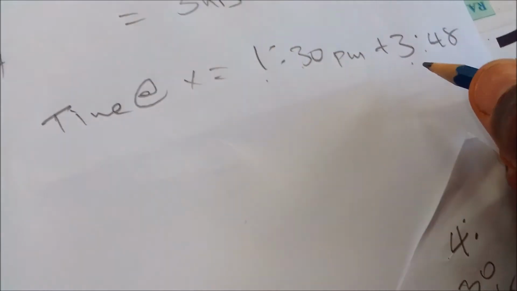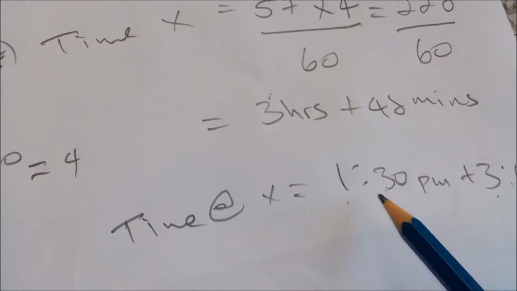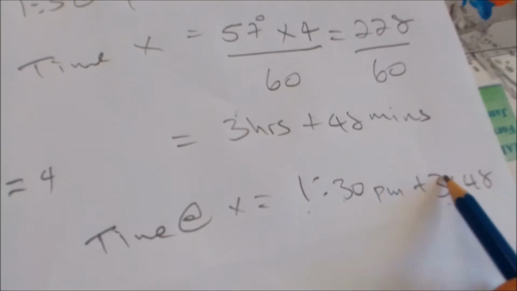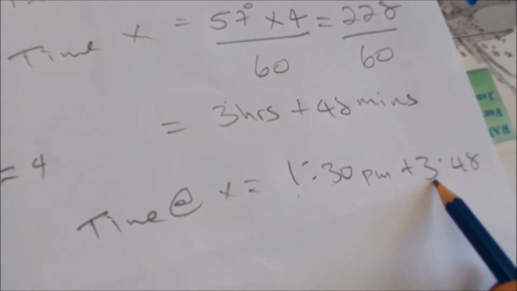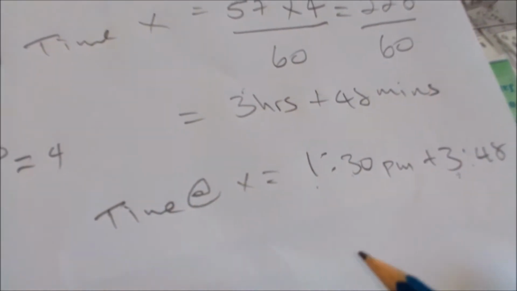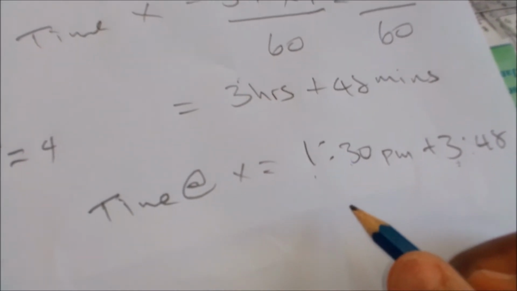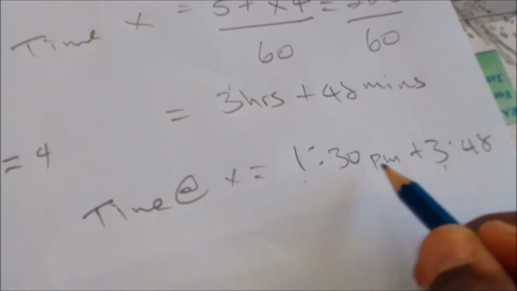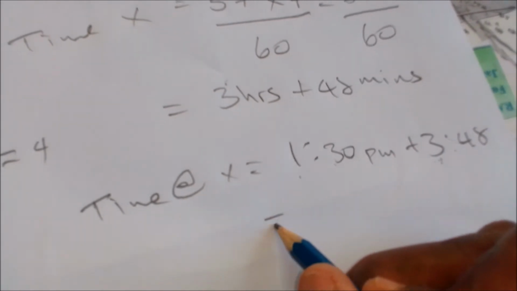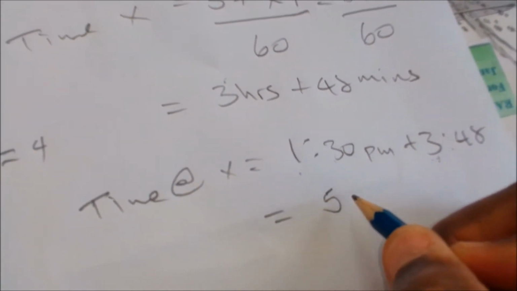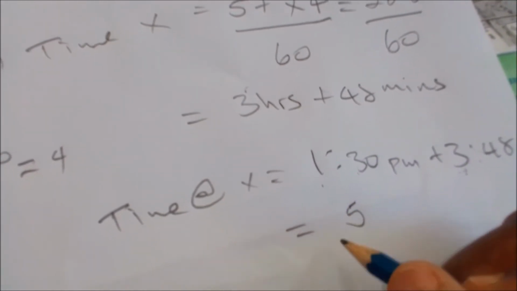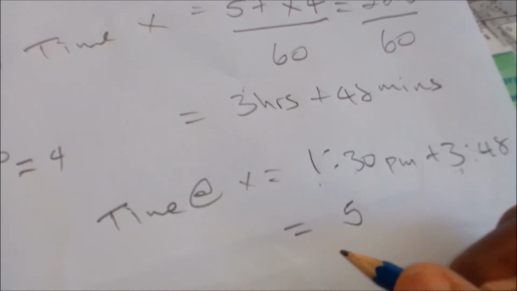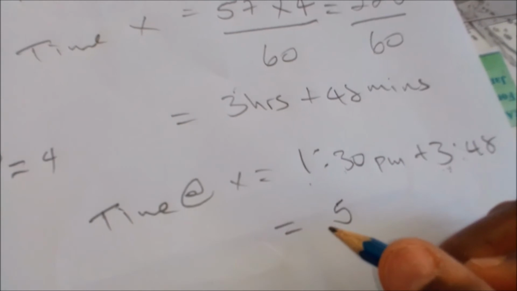So therefore this is gonna be 5 hours and 18 minutes, right? Alright, so it is 3 plus that time equals 5 o'clock, right?